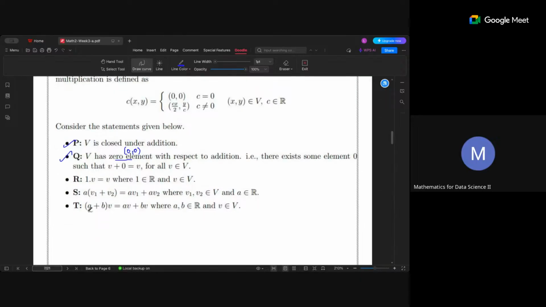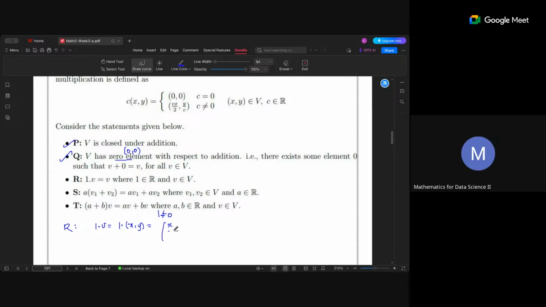So for R, what is 1 dot V? How is it defined? 1 dot (x, y). First of all, there is a definition (x/2, 0) in one case and (x/2, y) in the other. Since 1 is not equal to 0, it means the second definition.